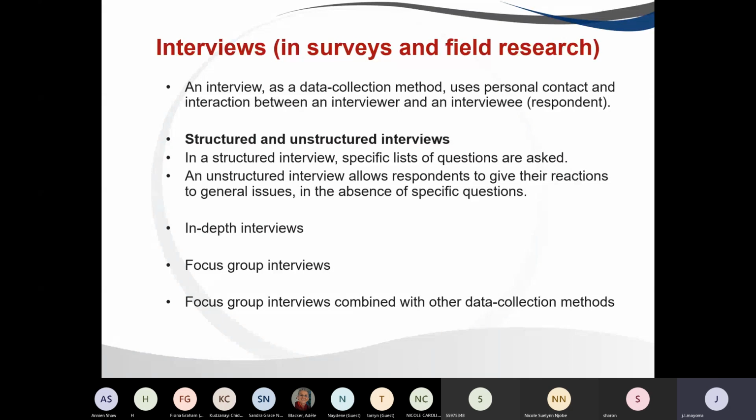And then we went into in-depth interviews, we went into focus group interviews, and just to note that the focus group interview, as the name suggests as well, is an interview in which you have a group of people, and we are recommended to have between 6 to 12 people in the group. And it's a good way to really gauge opinions of people on a specific topic.